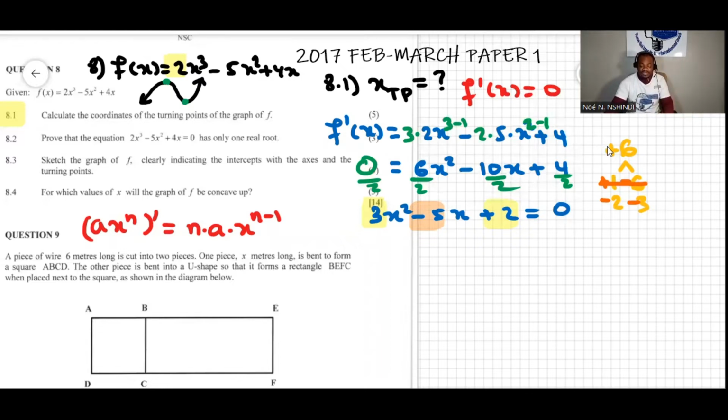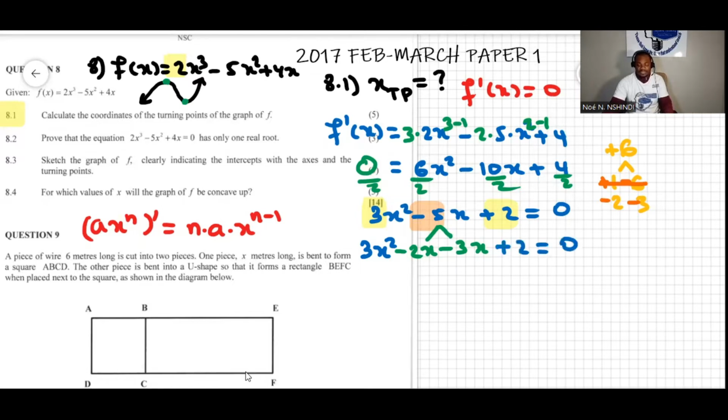Instead of writing 3x squared minus 5x, I am going to write 3x squared, -2x, -3x, knowing that they all make -5x, and then plus 2 equal to 0.